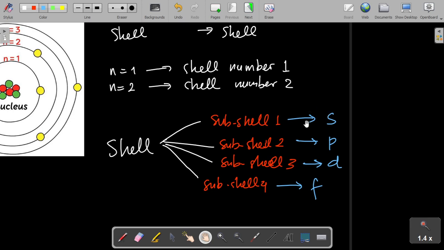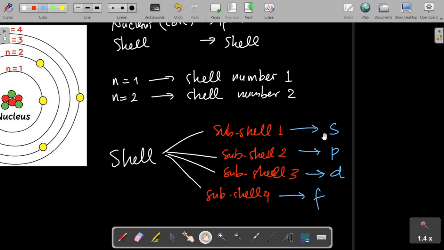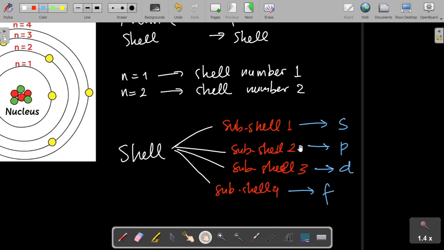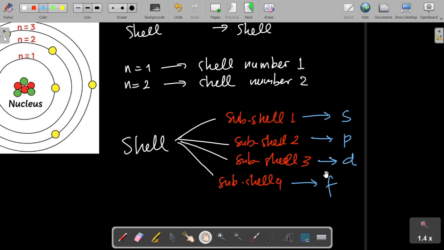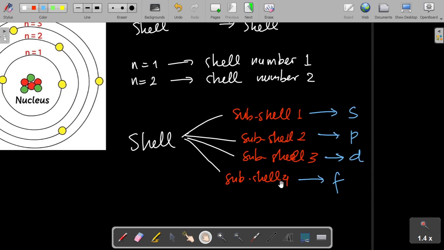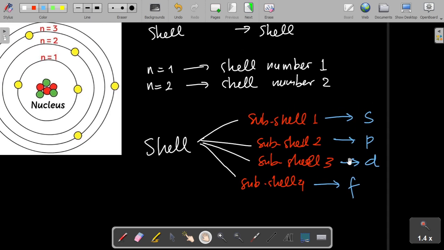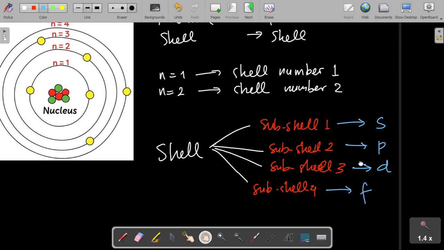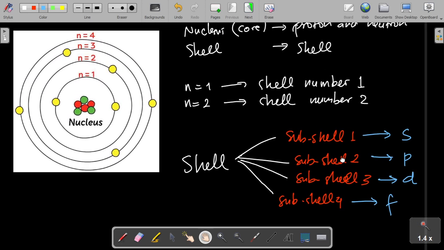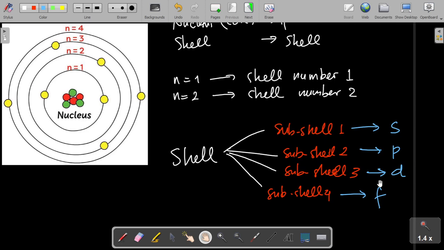This is the rule, so we cannot use A, B, C, or D. We always use s for subshell number 1, p for number 2, d for 3, and f for subshell number 4. We cannot change it.